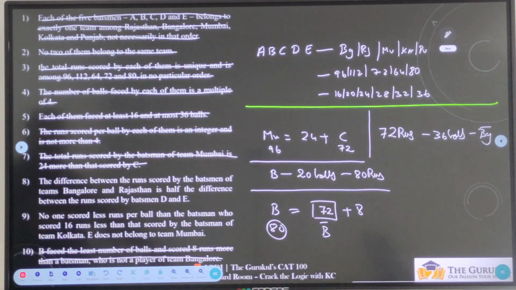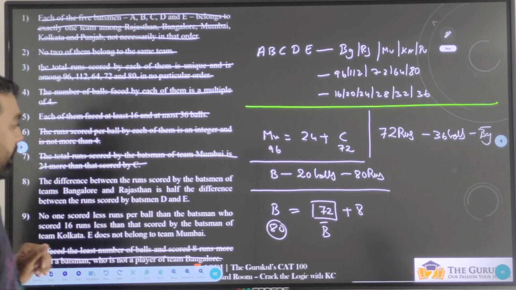Next one: no one scored less runs per ball than the batsman who scored 16 runs less than that scored by the batsman of Team Calcutta. E does not belong to Calcutta. Okay, let's talk about E separately.